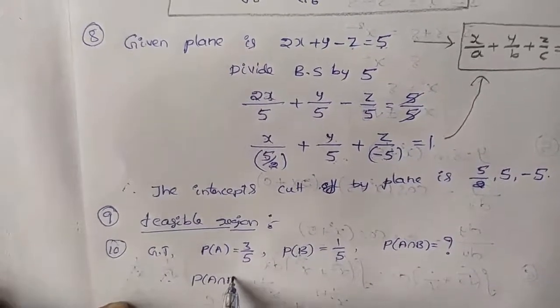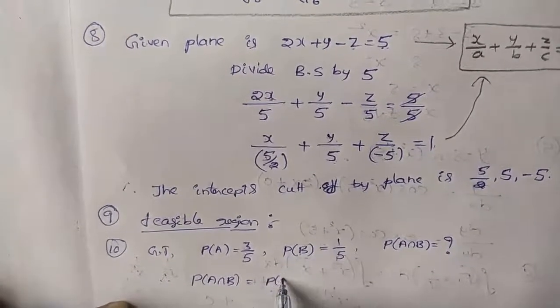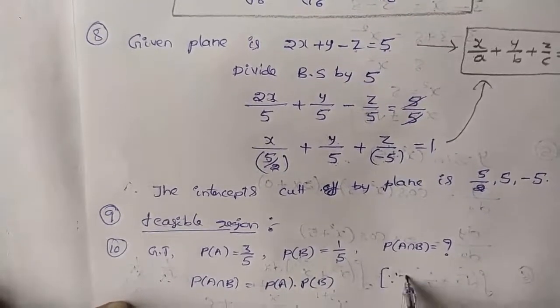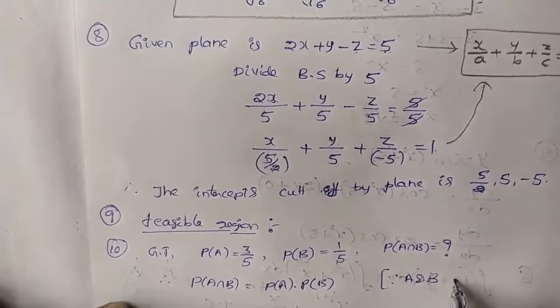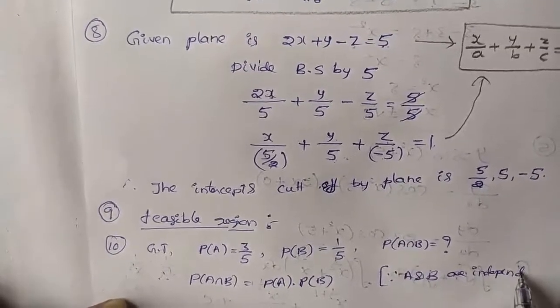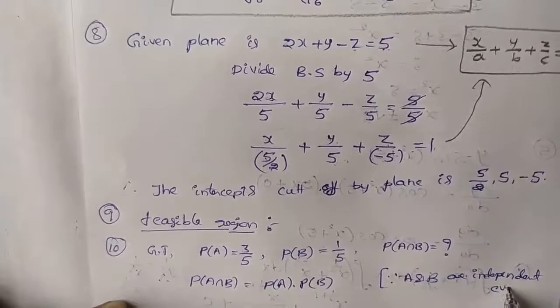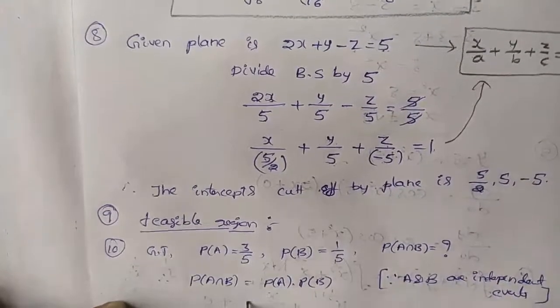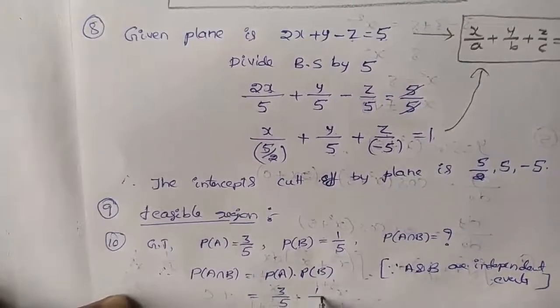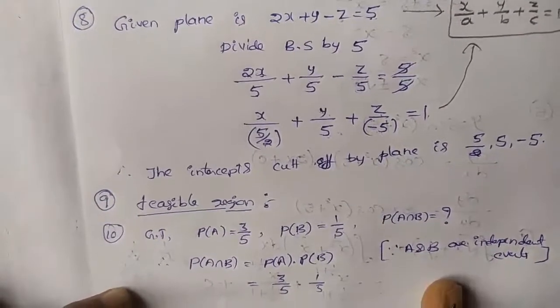P of A intersection B equals P of A into P of B, since A and B are independent events. That equals P of A is 3 by 5 into P of B is 1 by 5.